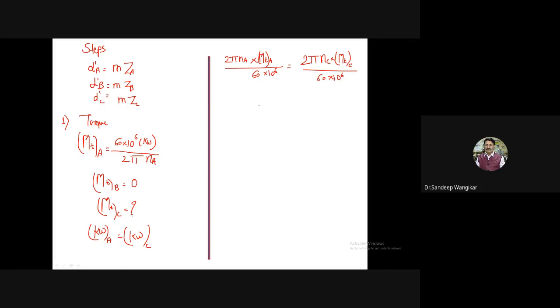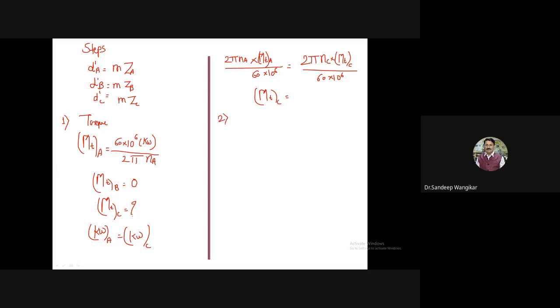All will get cancelled. You will get MTA NA is equal to MTC NC. We have NA and NC values, so you will easily get the value of MTC. This is our torque calculation. Step number 1 over.